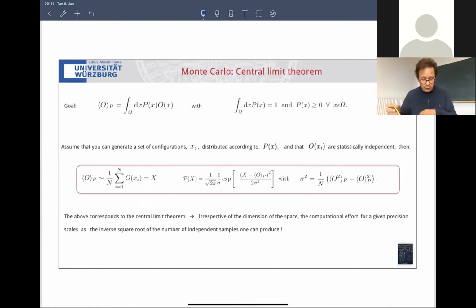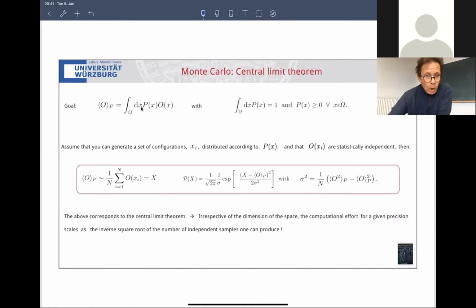Essentially, we assume that we have a space omega, right? It can be anything. A space omega, and on this space omega, we have elements X, which we call configurations, and each configuration comes with a probability. So P of X is a probability distribution on omega. It's normalized, and because it's a probability distribution, it has to be bigger than 0, right?